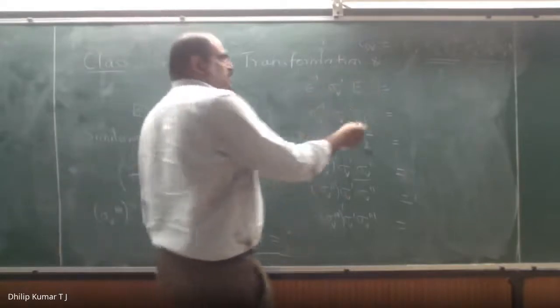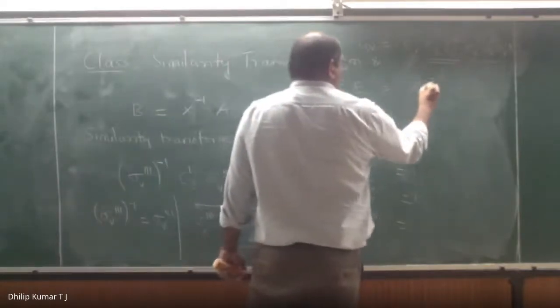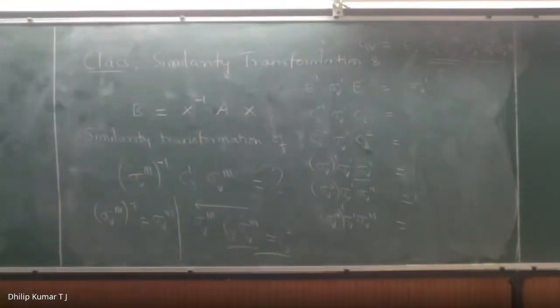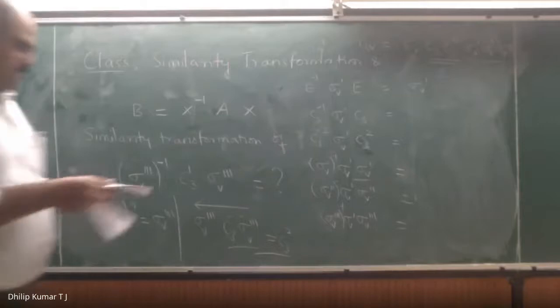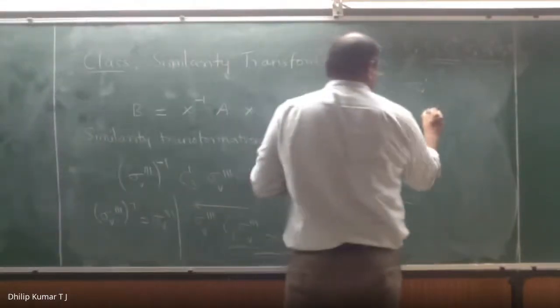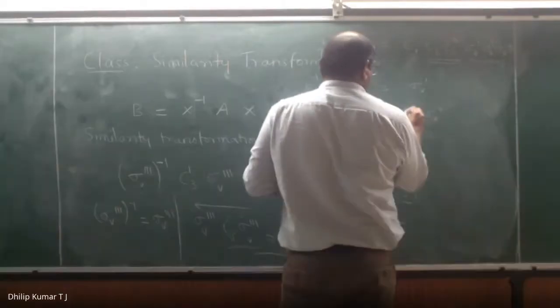What is its conjugate element? So this one will be sigma V prime only. This one, C3 into sigma V prime, is sigma V double prime, multiplied by C3 inverse.